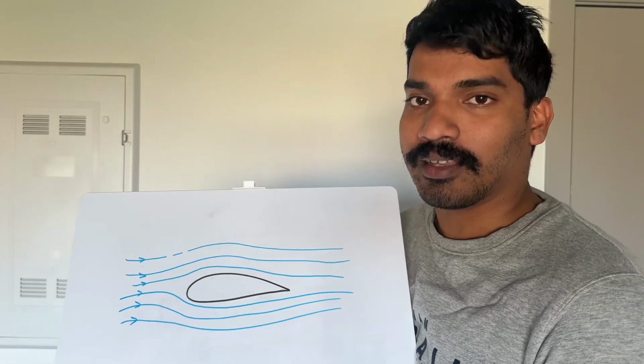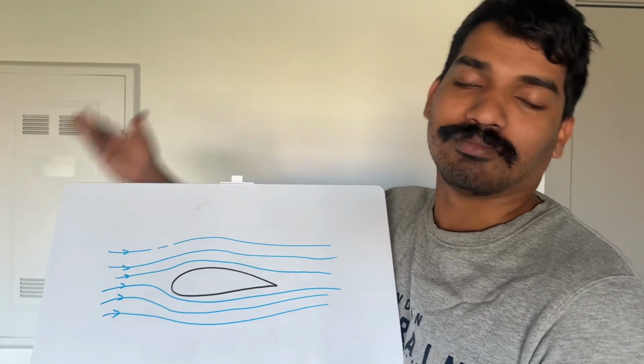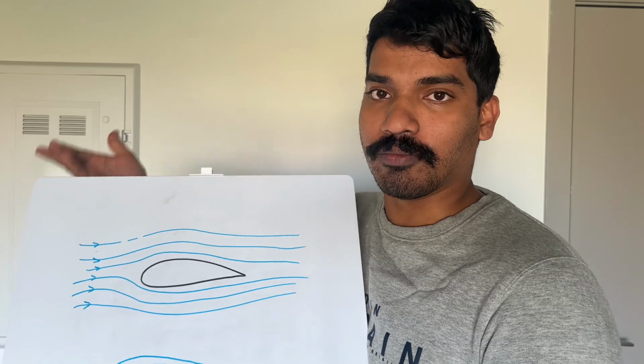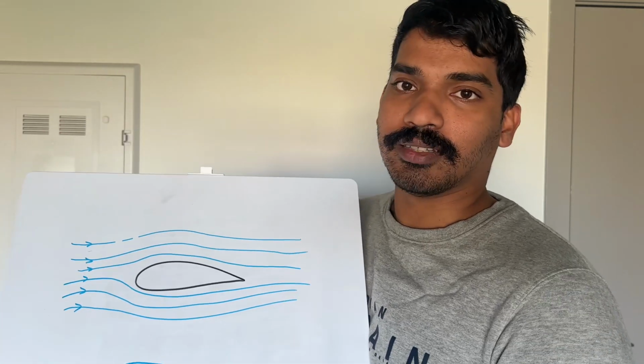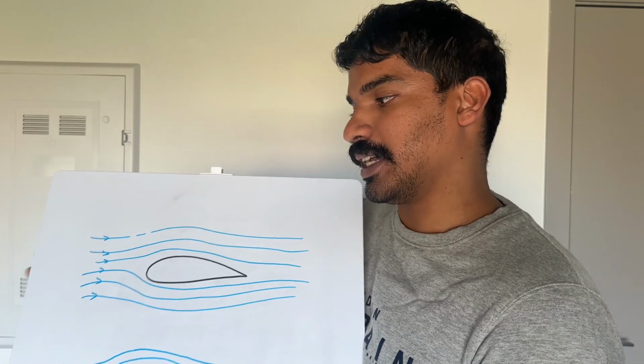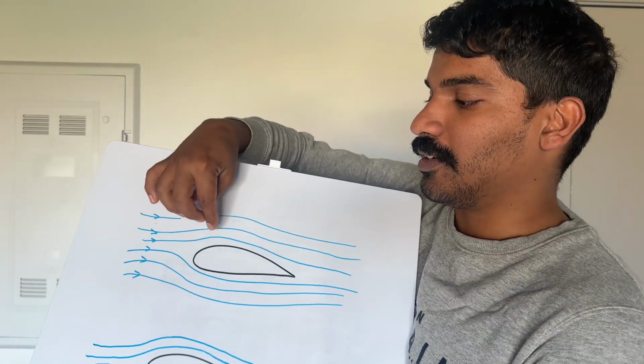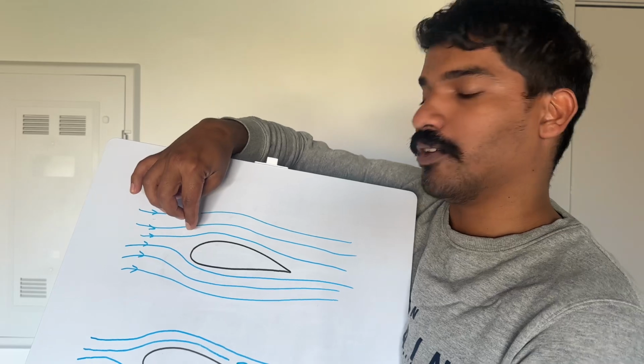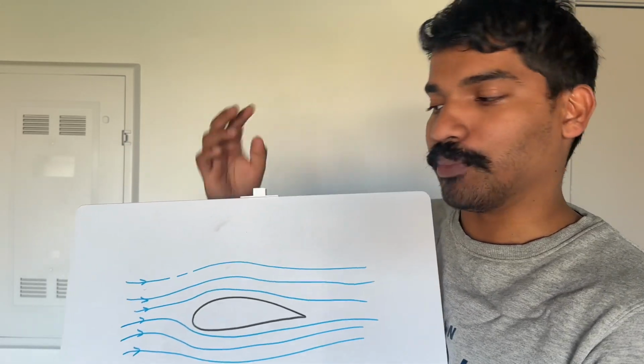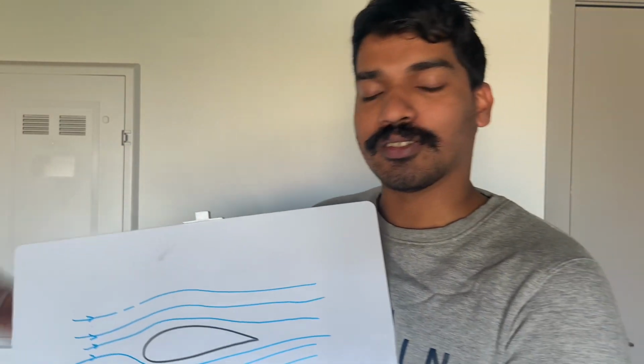Now another thing that the book says, and of course I have to go along with the DGCA guidelines so that you can use it for the exam, is that when these two streamlines are wide apart, that means the flow of air is slow.